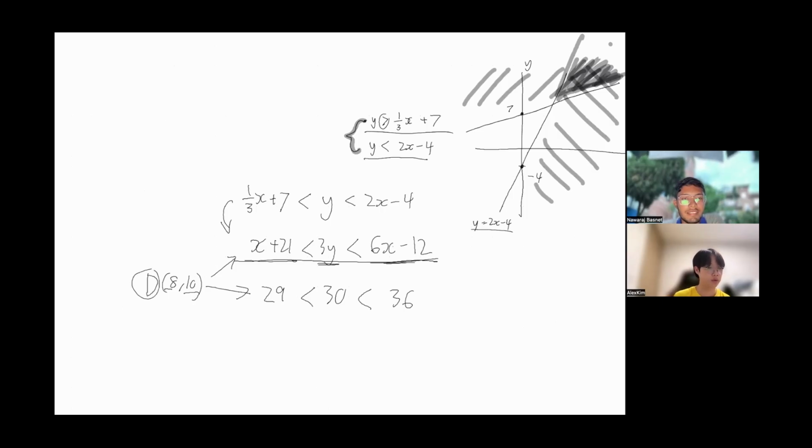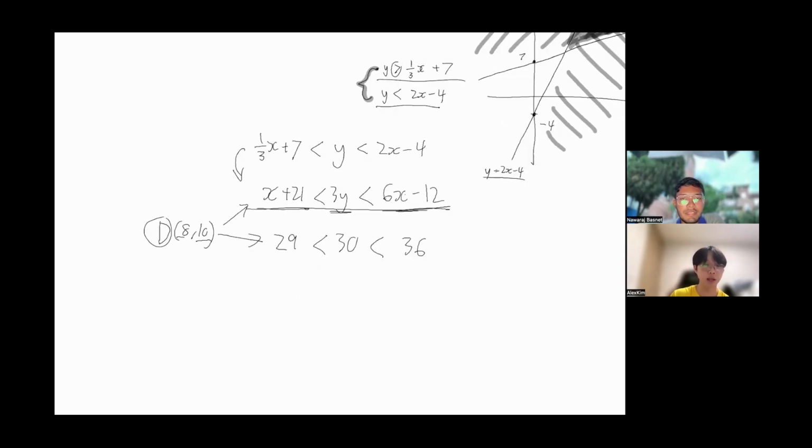Let's do another one with a wrong answer, such as choice A, which is 1 comma 12, right? Yes, sir. So let's plug this in to see if the relationship still holds. So x is 1, so 1 plus 21 is 22.